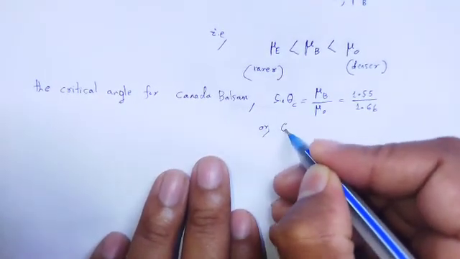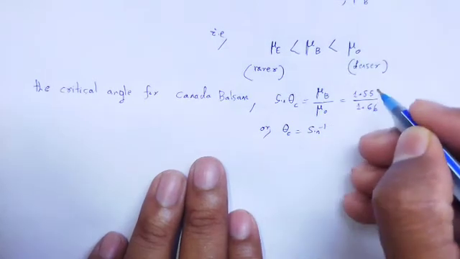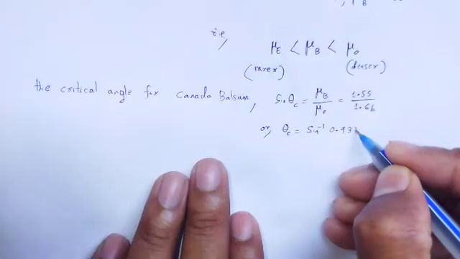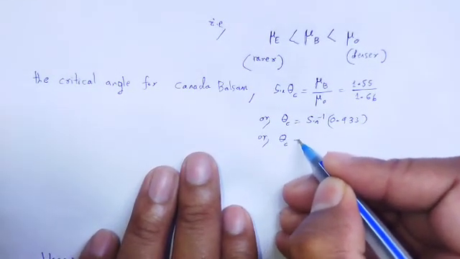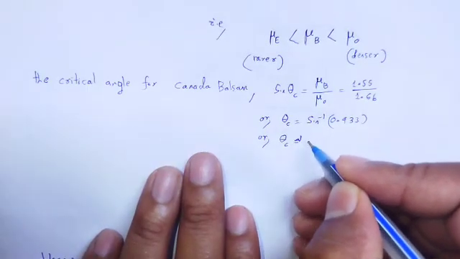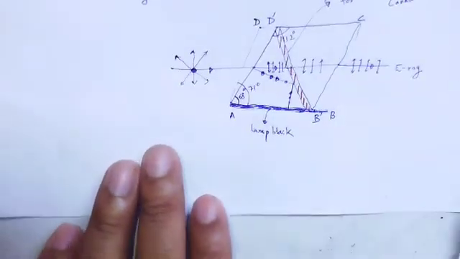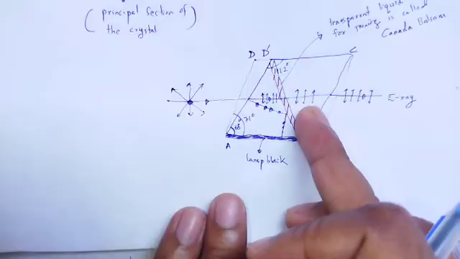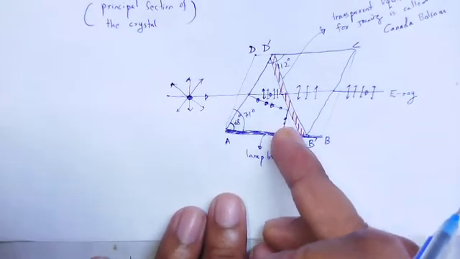So theta c is equal to sine inverse of that ratio, 0.933, which is nearly equal to 69 degrees. So when the angle of incidence for the O ray is greater than 69 degrees, it shows the phenomenon of total internal reflection.